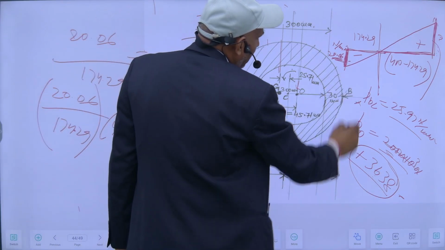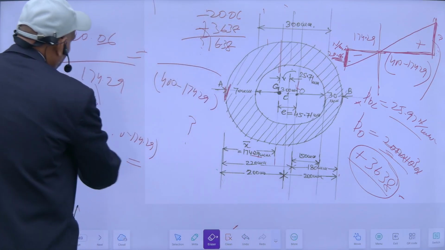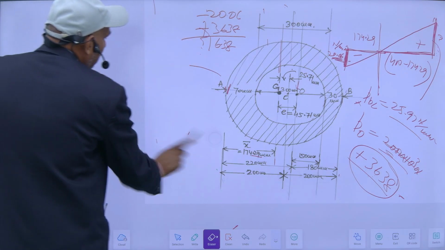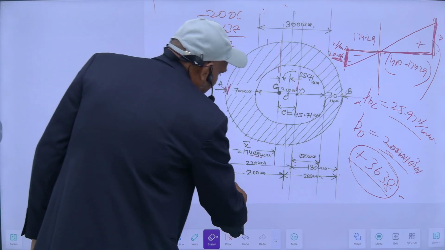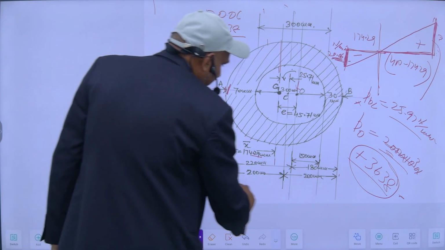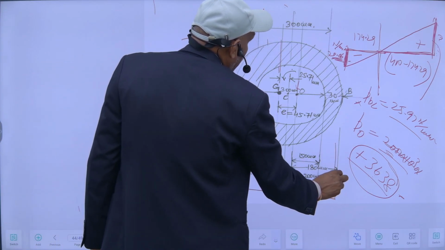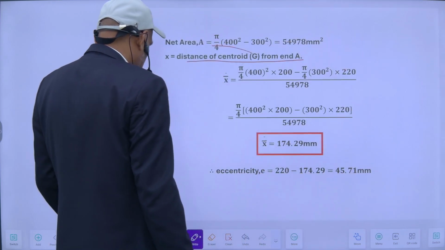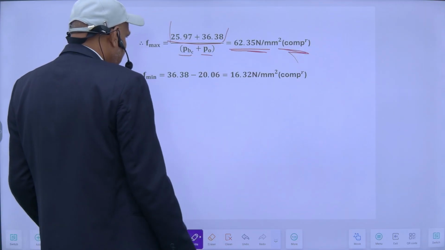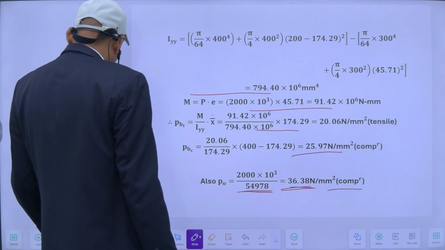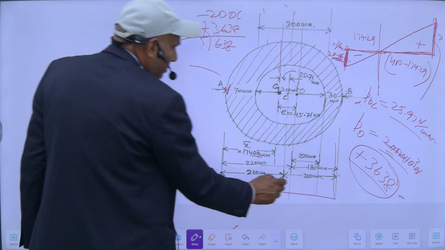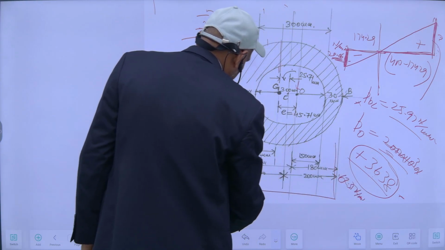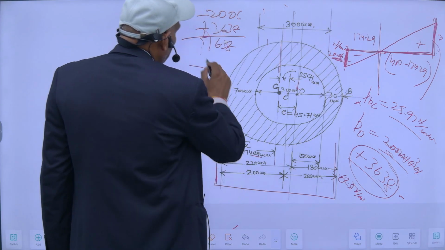Finally, when I combine both together, my final stress diagram will be like this. It is 62.35 here, both compressive, and here also it is 16.38.